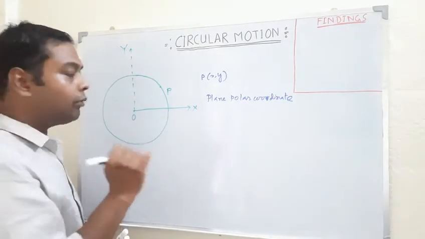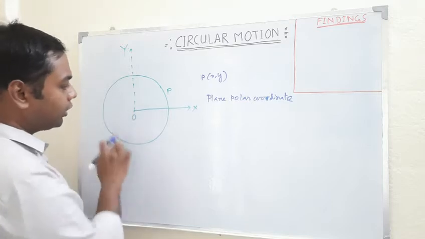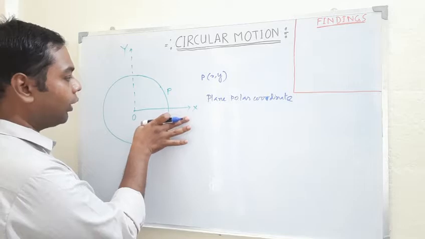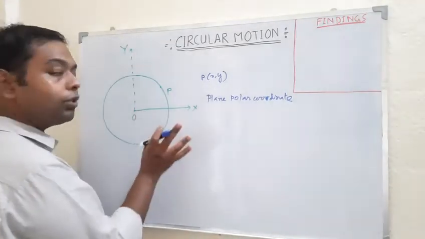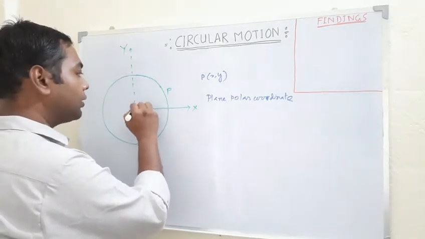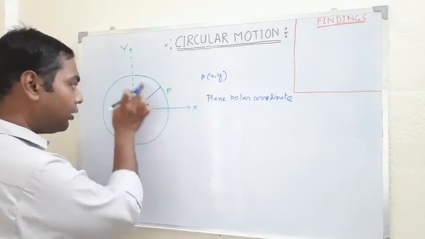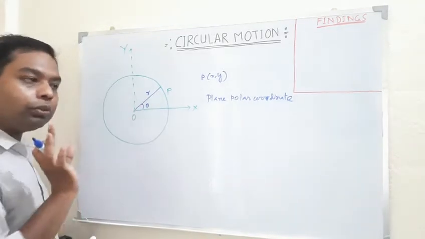We need two variables. Here, this is the center of the circle O, and we draw axis OX along the x-axis and OY along the y-axis. Suppose at any instant of time the particle is at P, which makes an angle theta, and the radius of the circular path is r. So these two we just need.